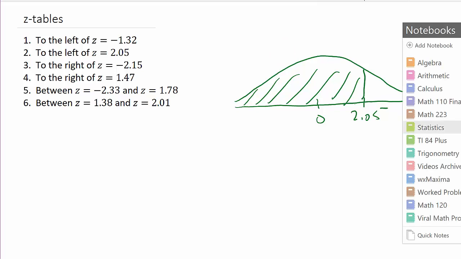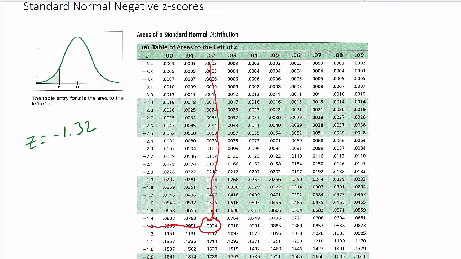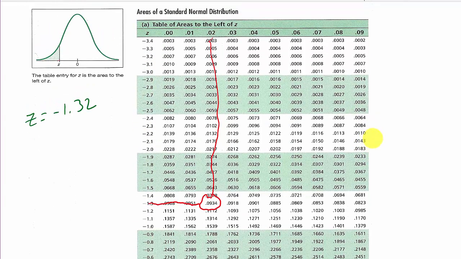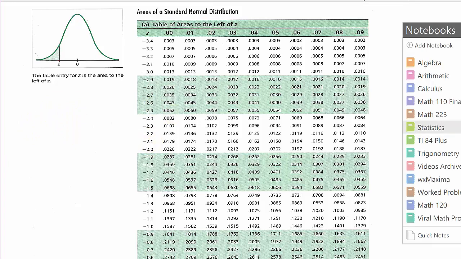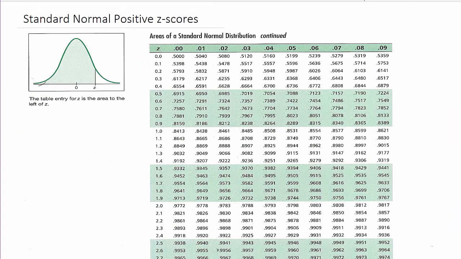You can see all of these z values here are negative. The table that gives you the area to the left has negative z values, and then it has another part where it has the positive ones.